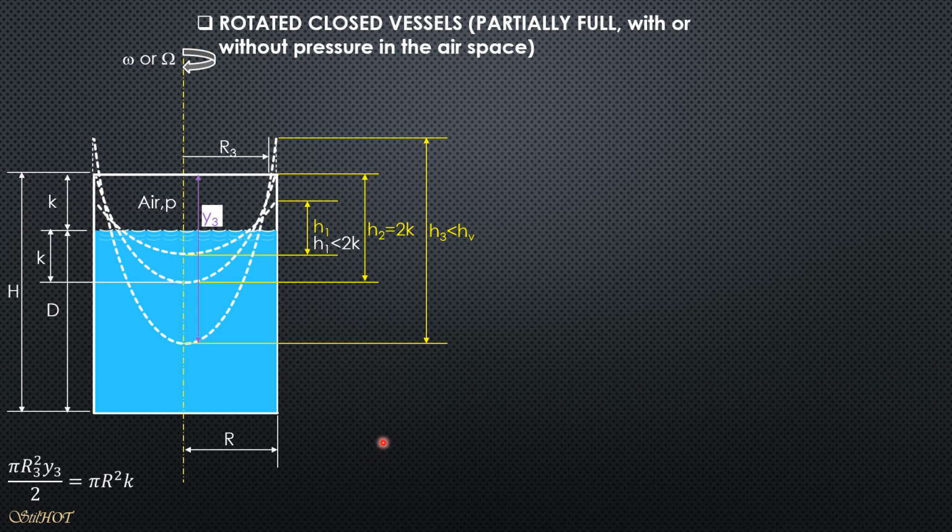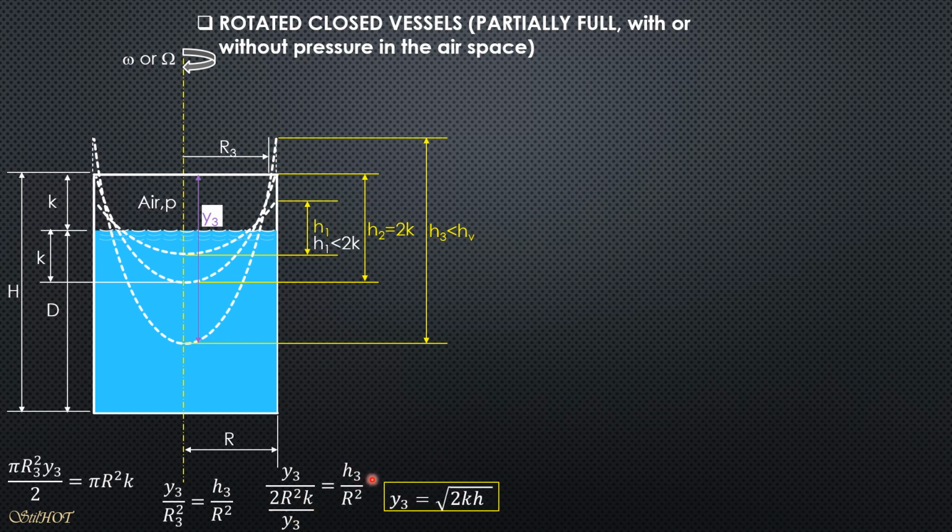Then by squared property of parabola, y3 as to r3 squared equals h3 as to r squared. So from this equation, r3 squared after canceling out pi is 2r squared k over y3. So y3 over 2r squared k over y3 equals h3 over r squared. So canceling out r squared, we can establish the formula for y3: square root of 2k h sub 3.